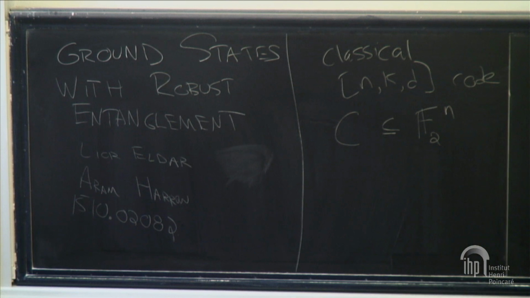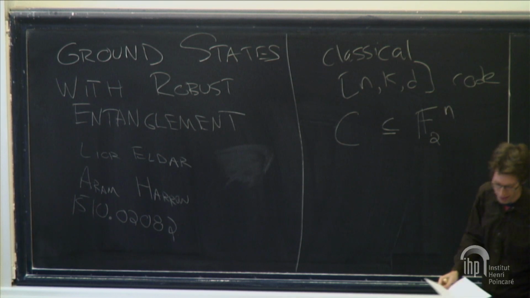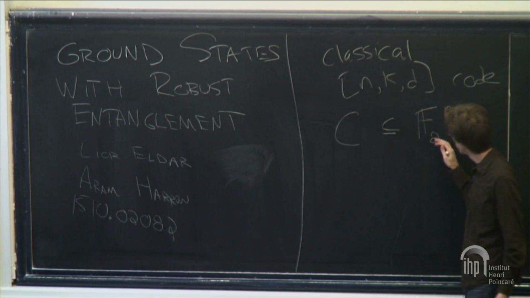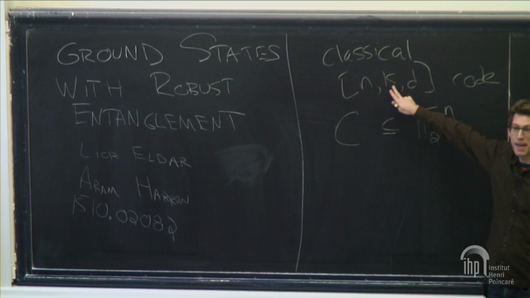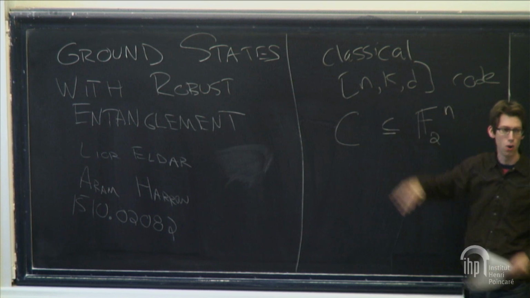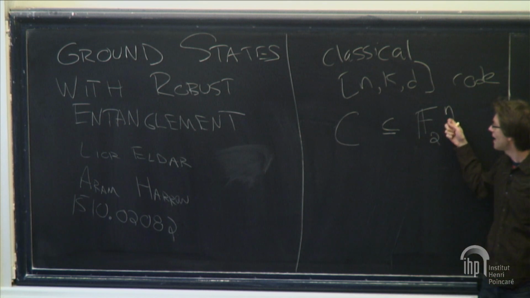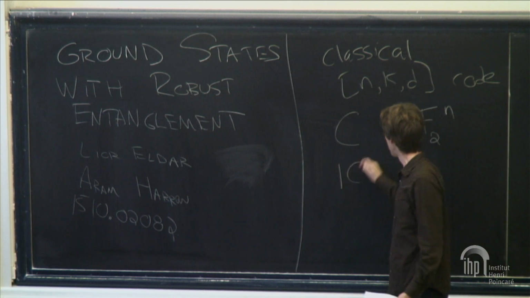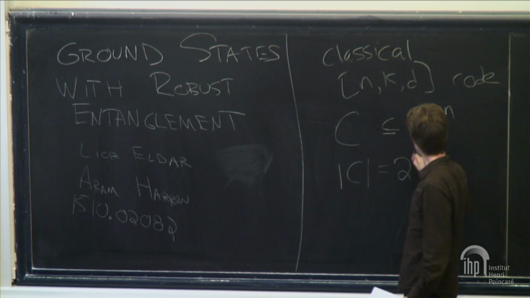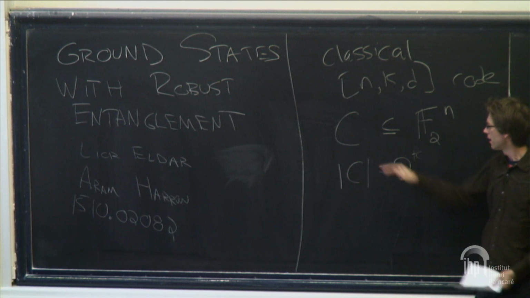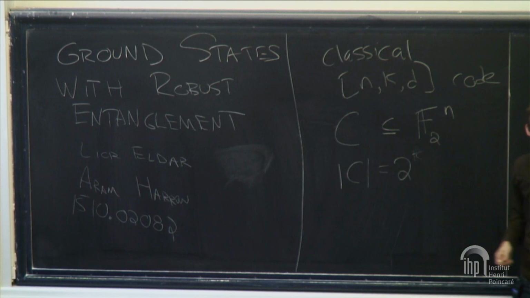So F2 to the n, that's my way of saying n-bit strings, because we'll occasionally want some of the field structure. So the idea is that I have k bits that I want to transmit, and I'm going to encode them with some redundancy so I can correct for errors into n bits. So the fact that I am encoding k bits means that this set should have size 2 to the k. So there are 2 to the k possible messages, each of which is encoded as an n-bit string.